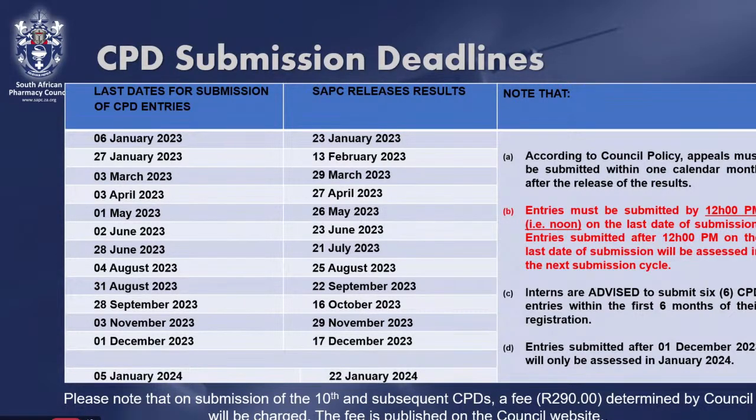So the first column says last date for submission of CPD entries. Interns should take note that CPD entries can be submitted on any day at any time, but these deadlines are telling you about entries submitted by that deadline. For example, let's use the 3rd of March.